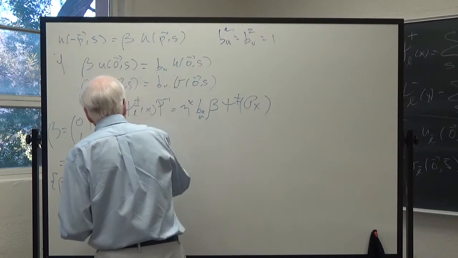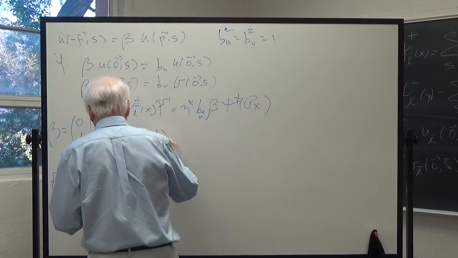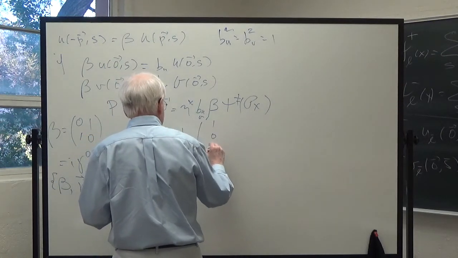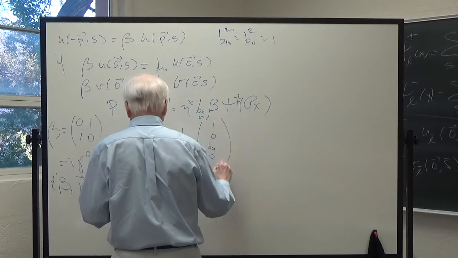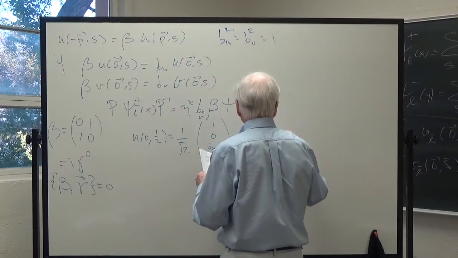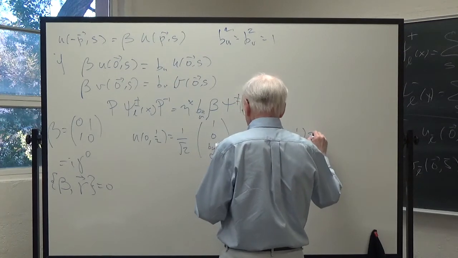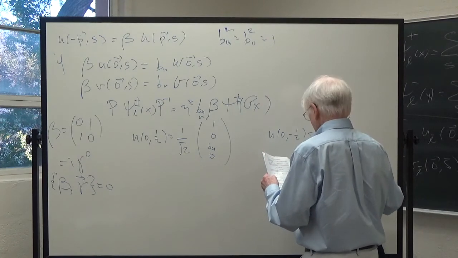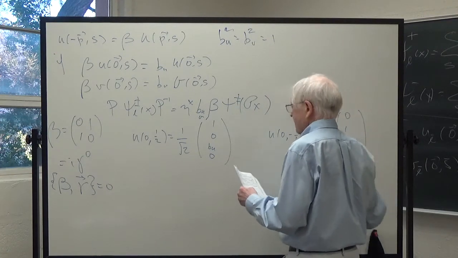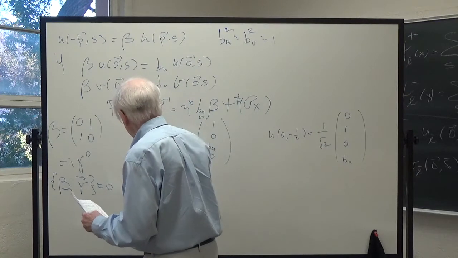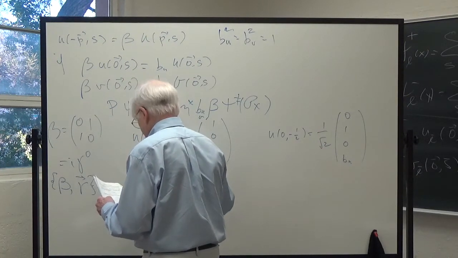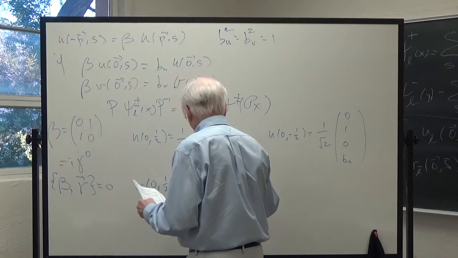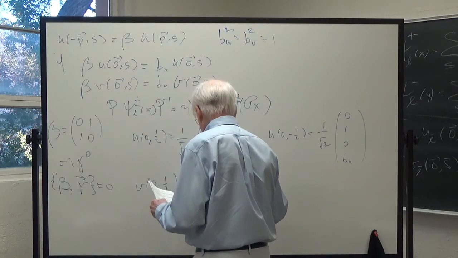U of 0, 1/2 is 1 over root 2, 1, 0, BU, 0. U of 0, minus 1/2 is 1 over root 2, 0, 1, 0, BU. V of 0, 1/2 is 1 over root 2, 0, 1, 0, BV.